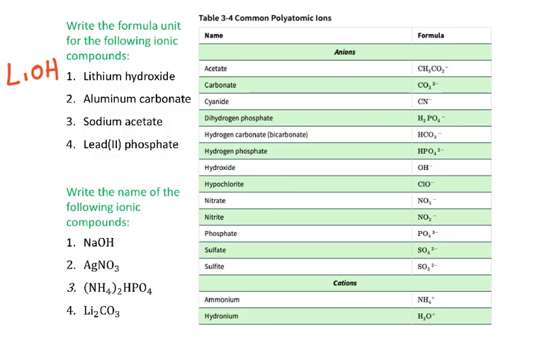Next, (NH4)2HPO4. So this one has 2 polyatomic ions, cation and anion. So NH4 is ammonium, and HPO4 is hydrogen phosphate.